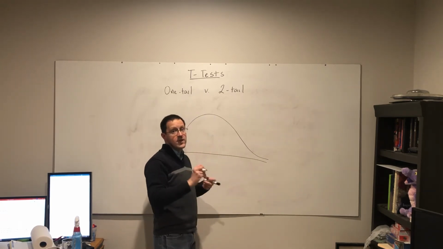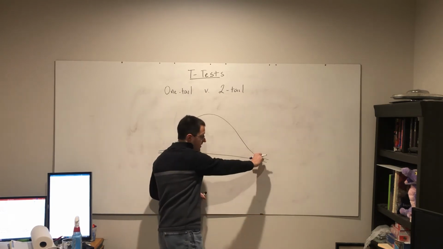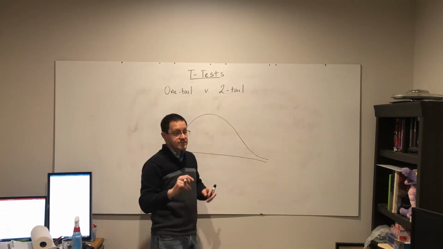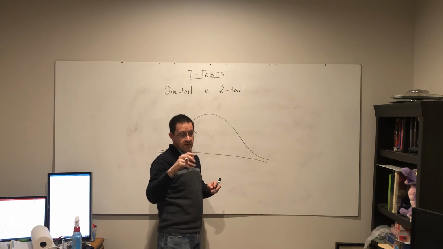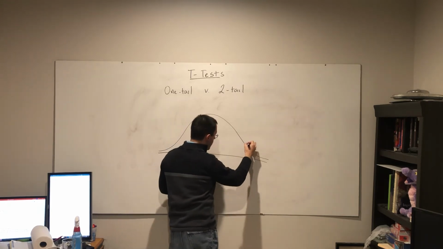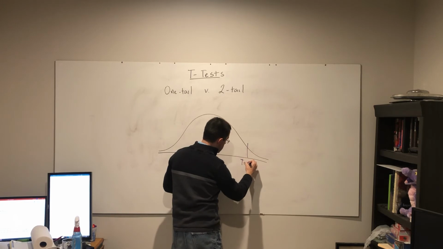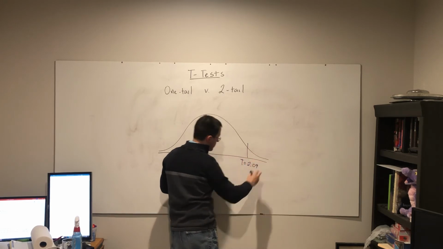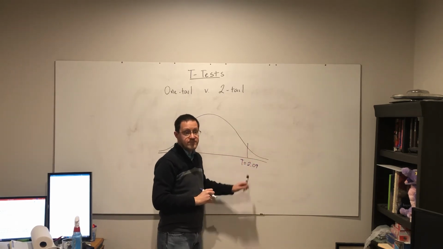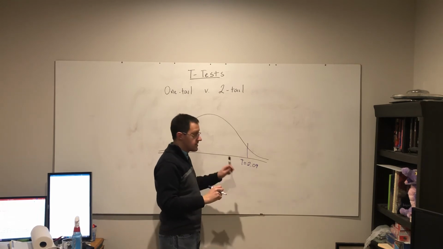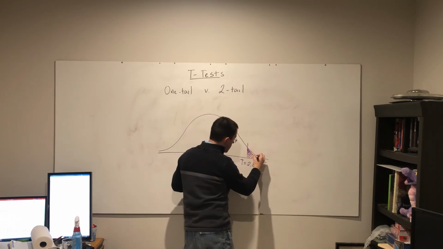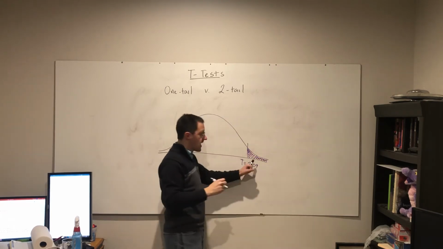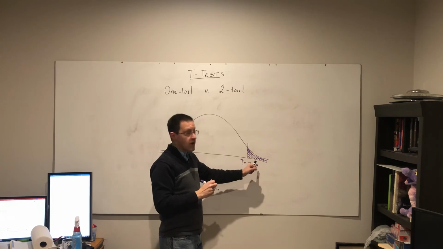And it's going to be something similar to a normal distribution, except the tails are a bit thicker. But I then go and I say, I want to compare and say, okay, I find a t-value 2.09. If I just go higher than that, I've only colored in one tail.